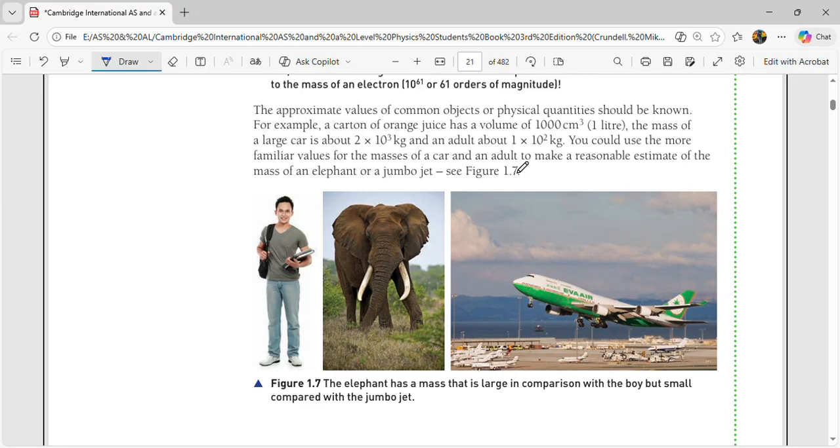You estimate the number of human beings that can make up an elephant, and then multiply 100, the mass of an adult, by a particular factor, and then you get the mass. That's estimation. For estimating values like the mass of a plane, an Airbus, there's no perfect value.